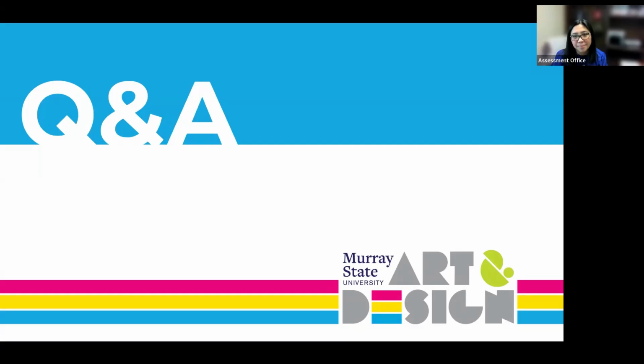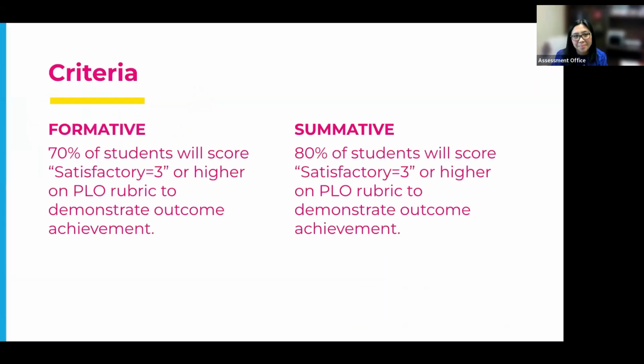I know what you already do, but just for other people, do you have a single criteria for each PLO, or how do you work around that? Because when you present it, it looks more separate for a single course. I don't know if you understand what I'm trying to ask.